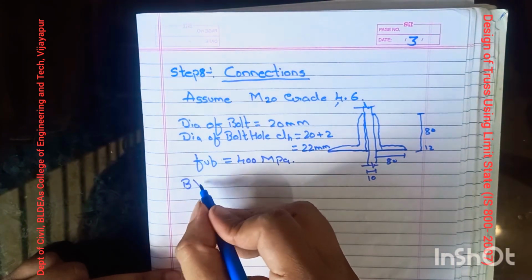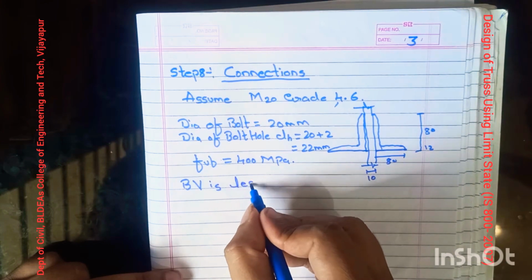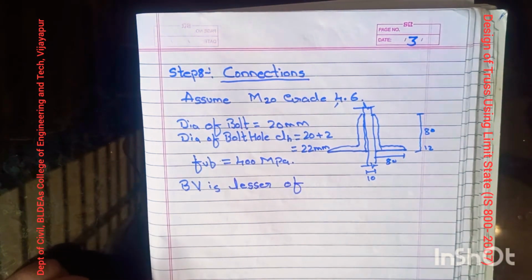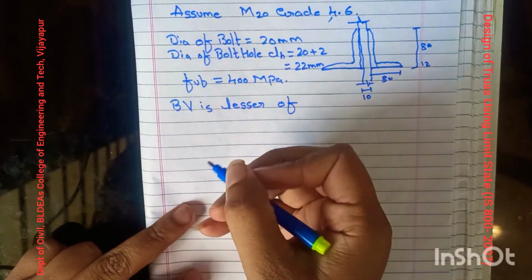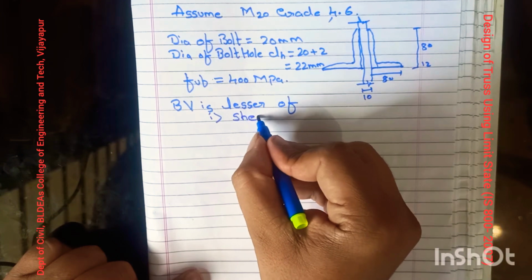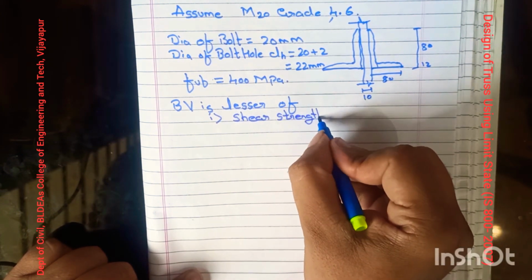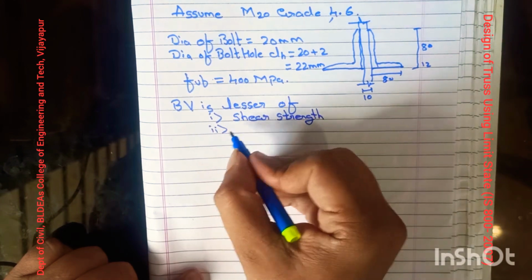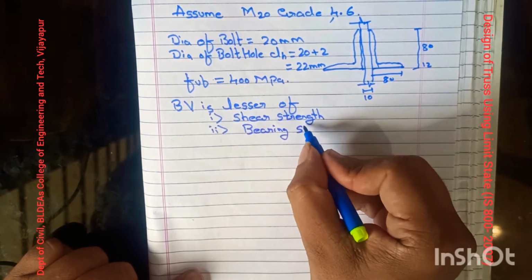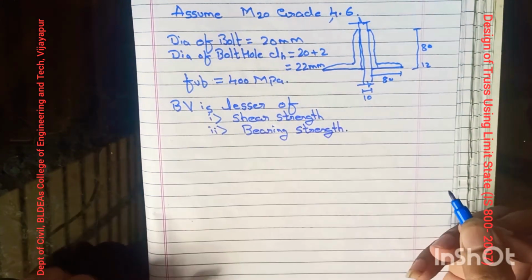So we need to find the bolt value. Bolt value is lesser of the first one, shear strength of the bolt, or bearing strength.